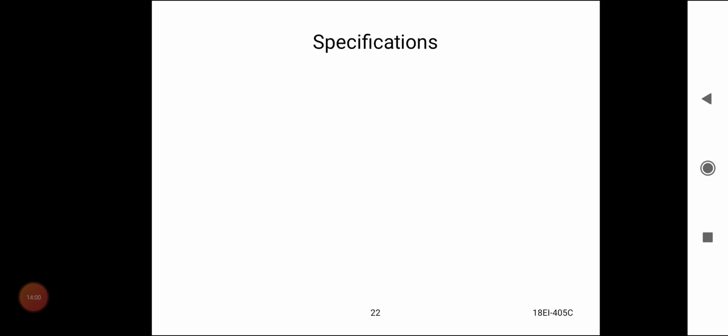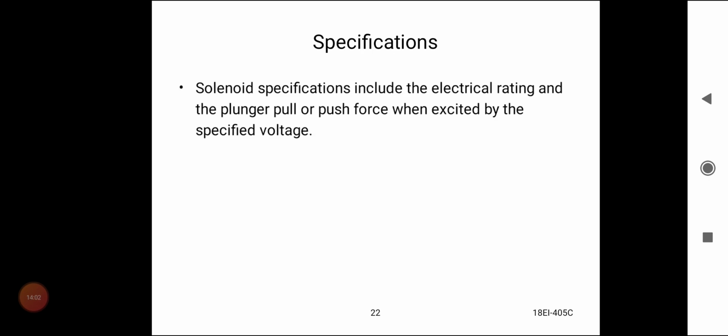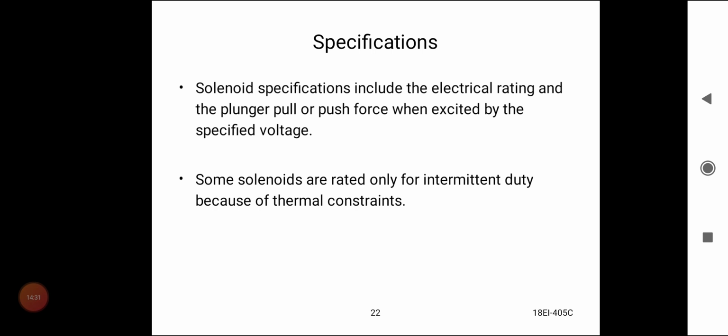The specifications we can see. Solenoid specifications include the electrical rating and the plunger pull or push force when excited by the specified voltage.